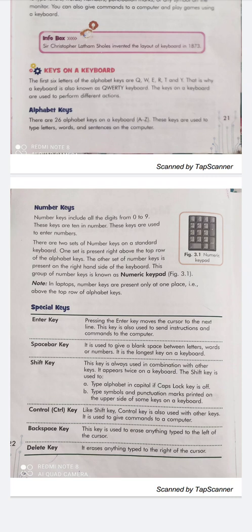By pressing the backspace key, we can easily erase anything typed on the screen to the left of the cursor. For backspace, we always go back to the left of the cursor.